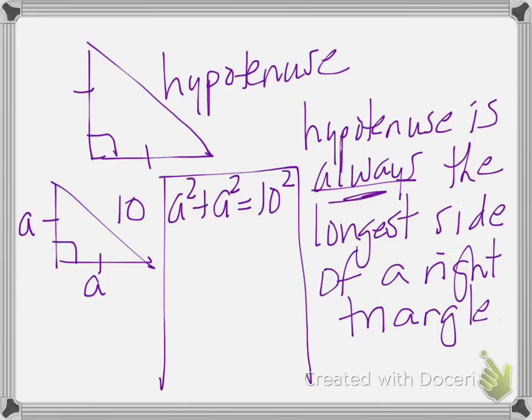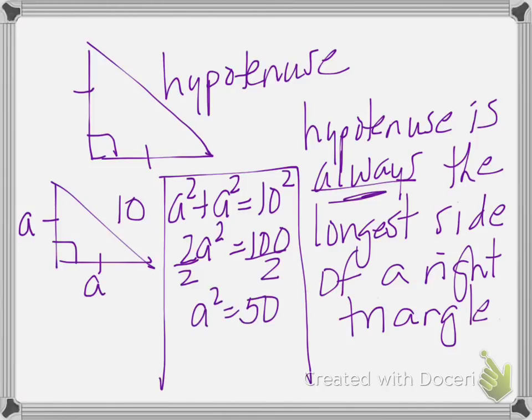Well, 1A squared plus 1A squared is 2A squared equals 100. If you divide both sides by 2, you get A squared equals 50. And therefore, A equals the square root of 50.